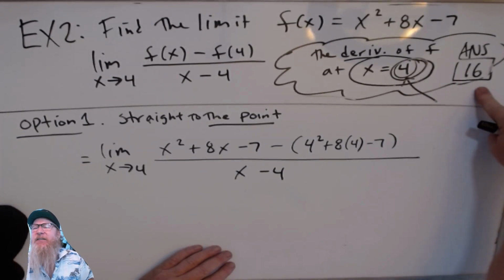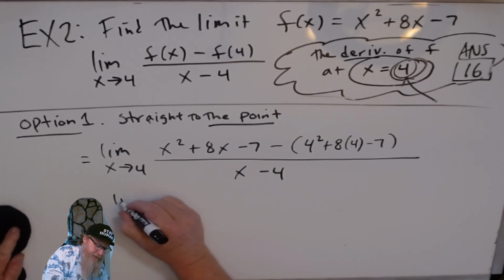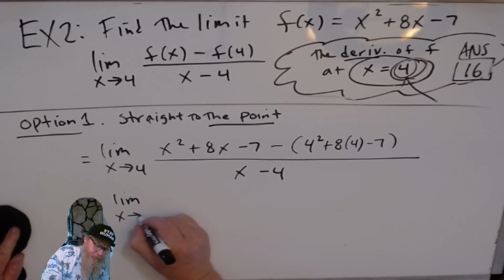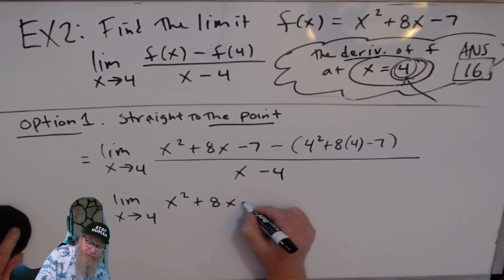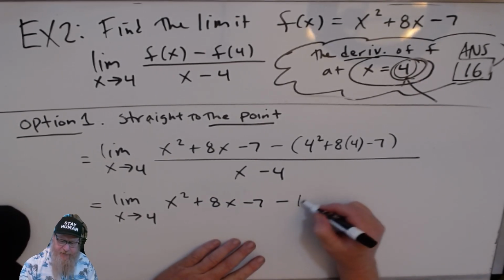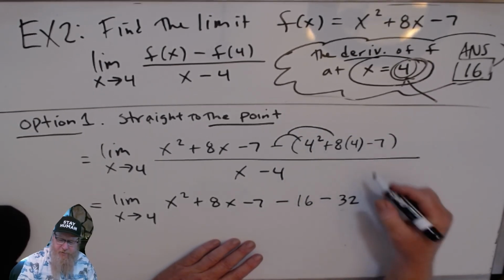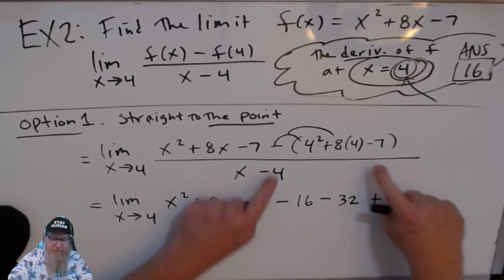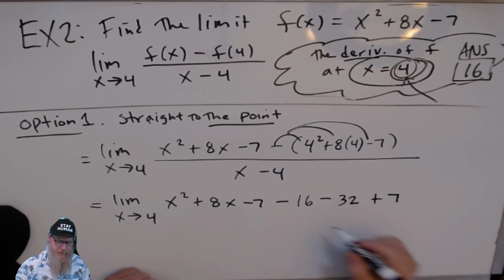Now we already know the answer is going to be 16. Let's see. If we don't get 16, then we know something's wrong. So you're going to get x squared plus 8x minus 7 minus, what do we got here? 16 minus 32 plus 7. Double negative there.